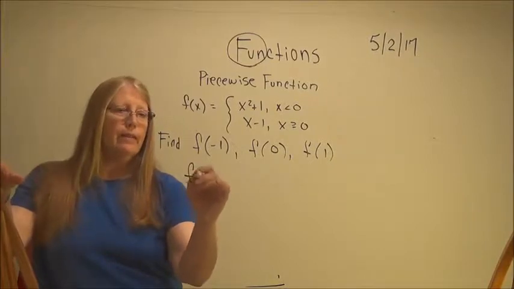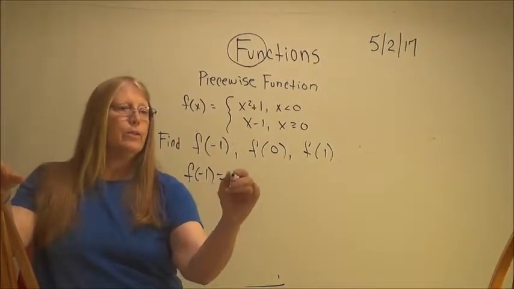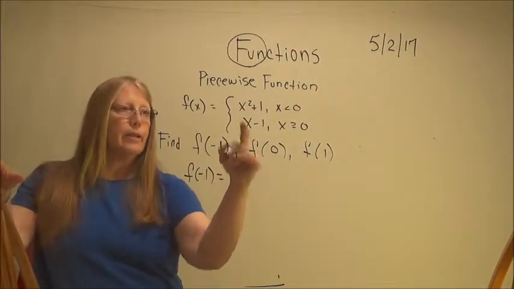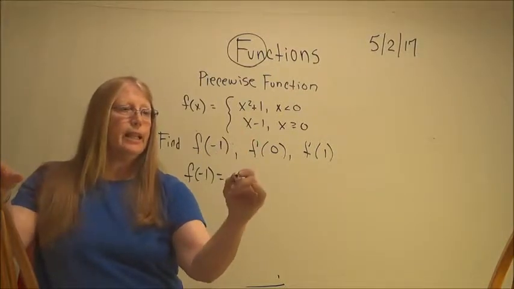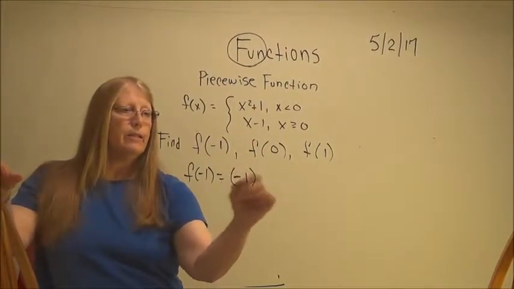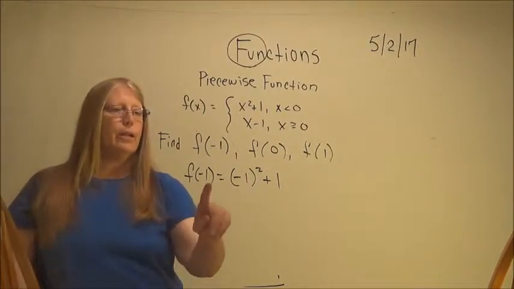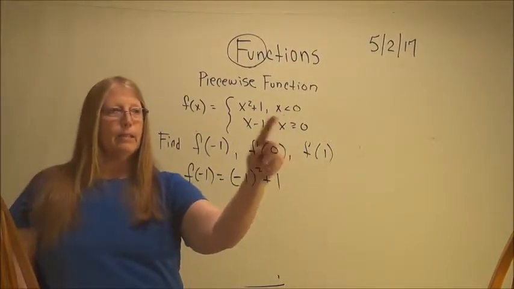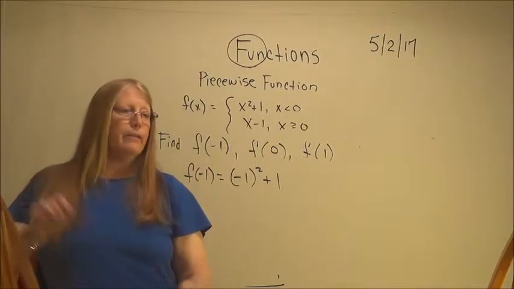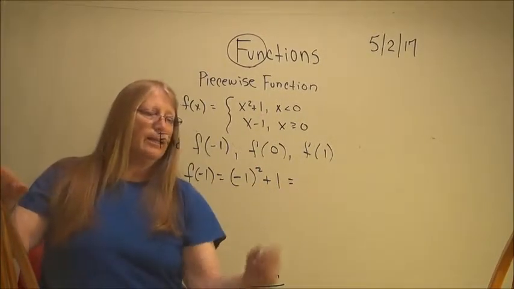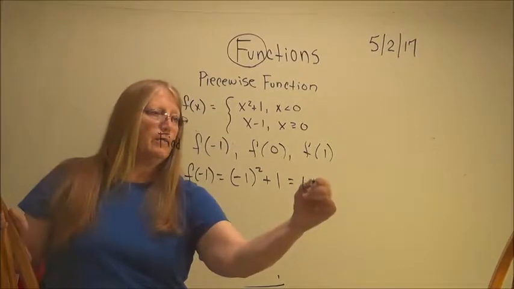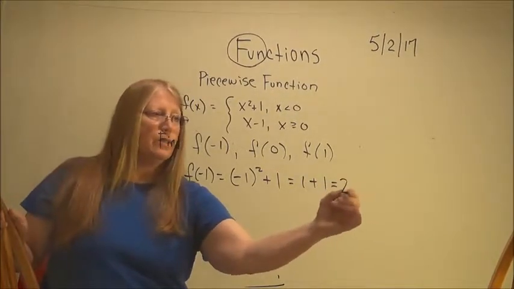So f of -1 equals x squared plus 1, and whenever there's an x, I'm going to put in the -1. So I'm going to use this part of the function to evaluate it. -1 squared is 1, plus 1 is 2.